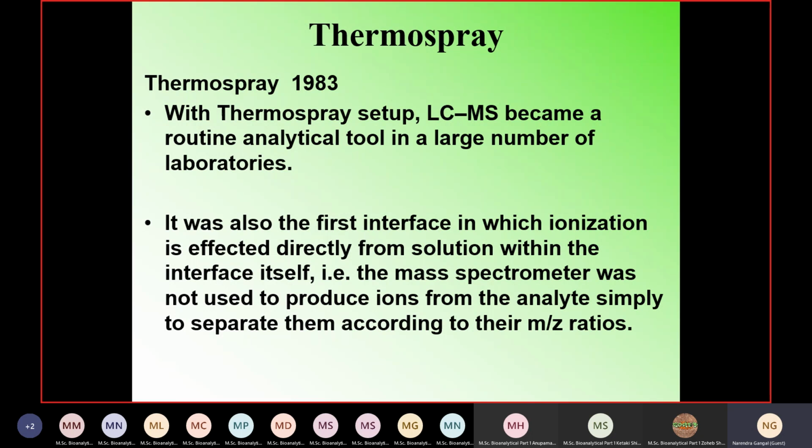Now you can imagine I have a flow rate of 1 ml per minute, and generally your HPLC injections, one run may be 15-20 minutes easily, right? It will take minimum 20 minutes for generation of your chromatogram.